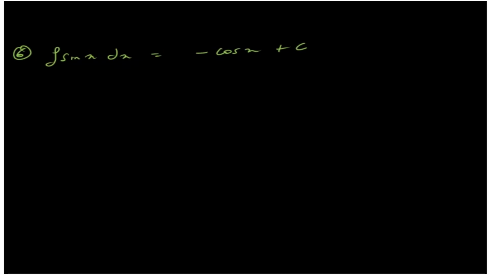Understand? So if I'm differentiating this, I will have negative negative sine x, so it will be positive. So the differential of this will give this. That's why the integral of sine is negative cos.